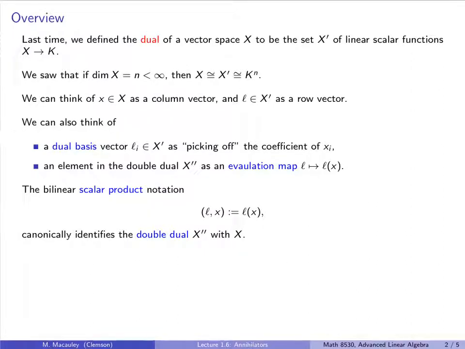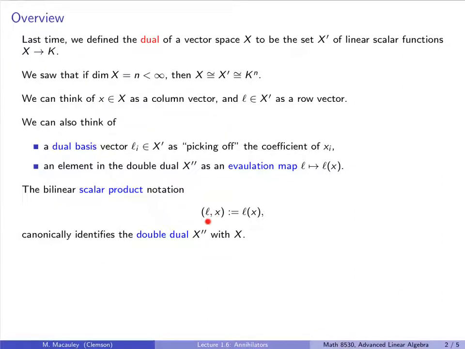So here we could think of x being the variables that we plug in and L being the fixed functions, or we can think of x being the fixed vectors and L being the input things that we vary and put in. And if we do that, then we can think of x as being a function of L, so that the vectors in x are canonically identified with the evaluation functions in the double dual.